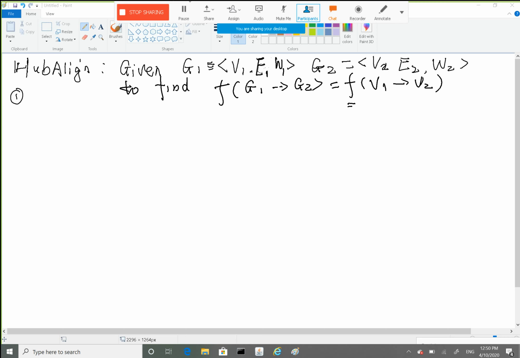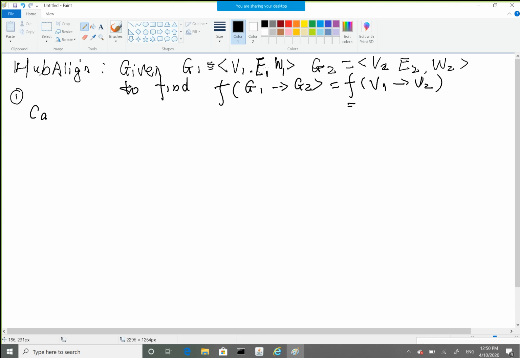The first step, as I said, explain to you, right? So the first step is to calculate W. This weight is weighted on edges, right?